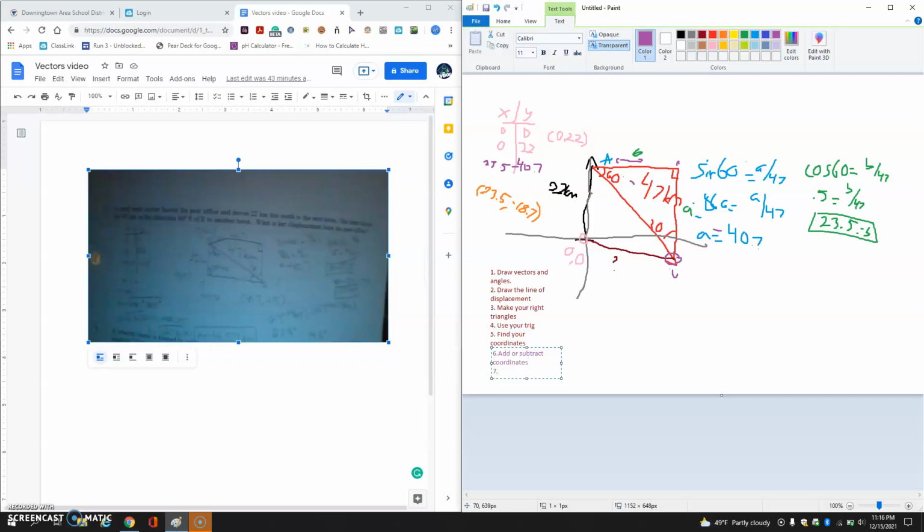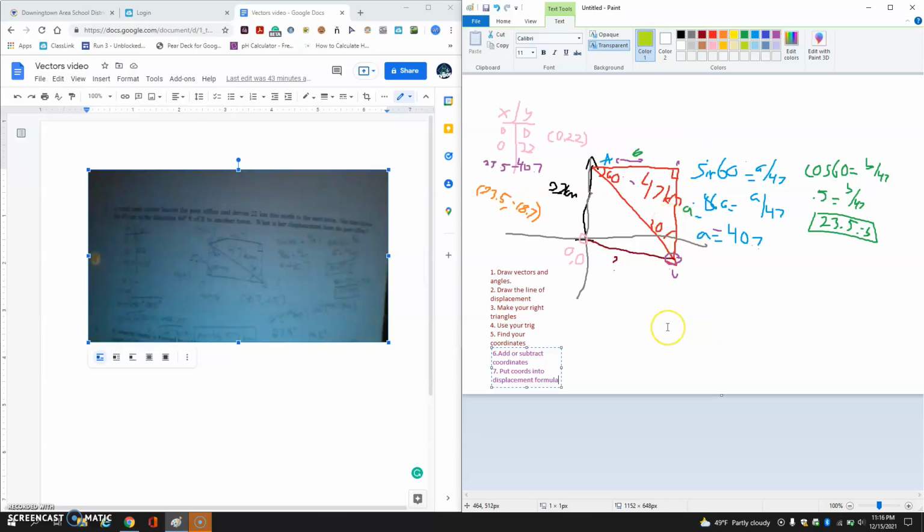Step 7 is now we need to put it into the displacement formula. Chords just means coordinates. Now we've got to put it into this displacement formula. Oh my, am I excited for this one.